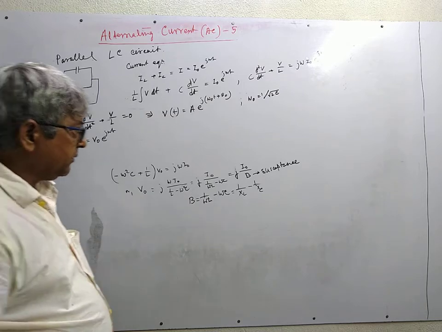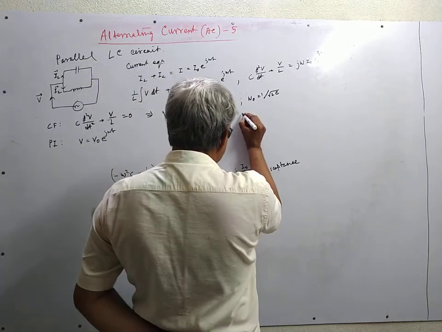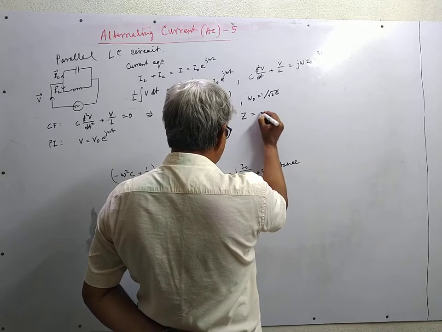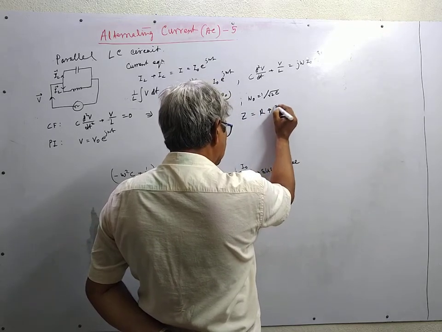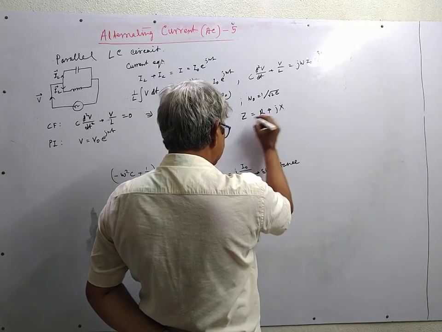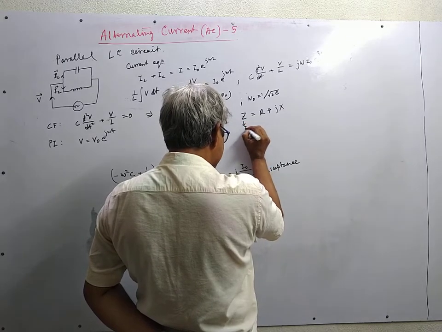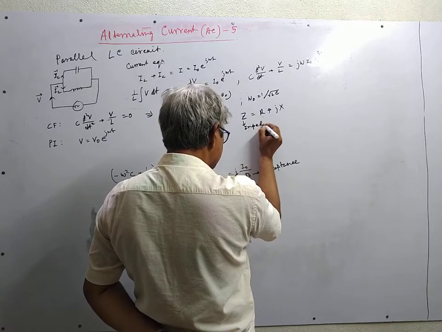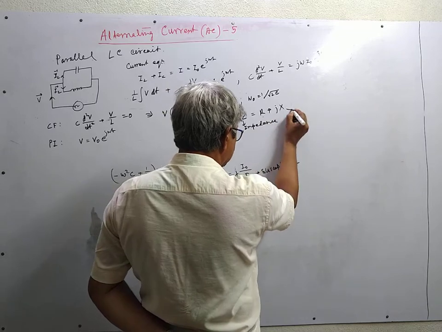In this connection, let me write a few things. We have used Z is equal to R plus jX. This is resistance, this is impedance, this is reactance.